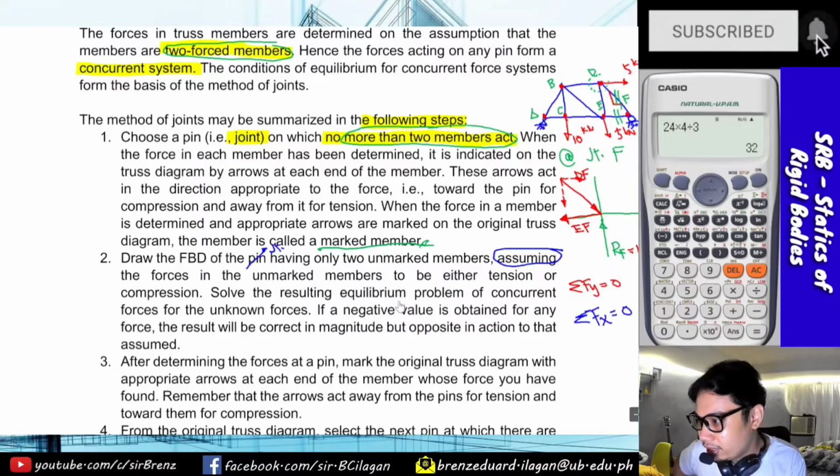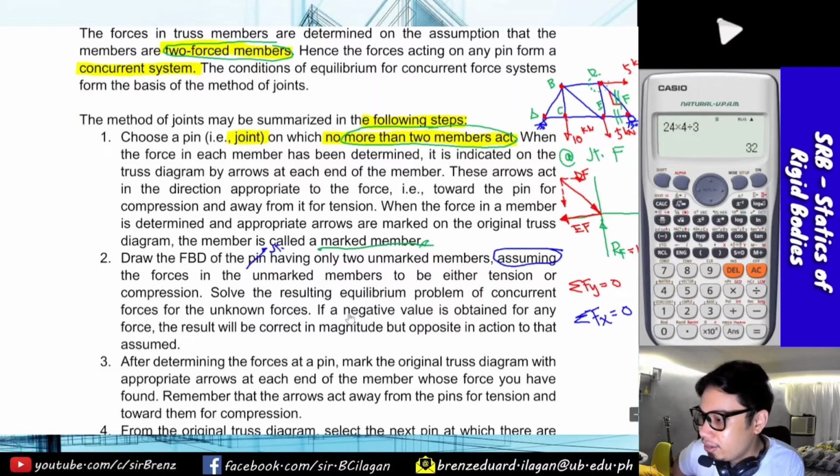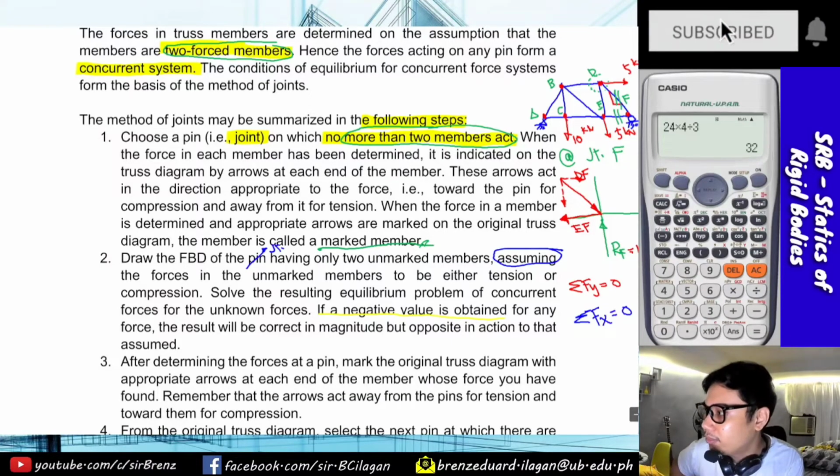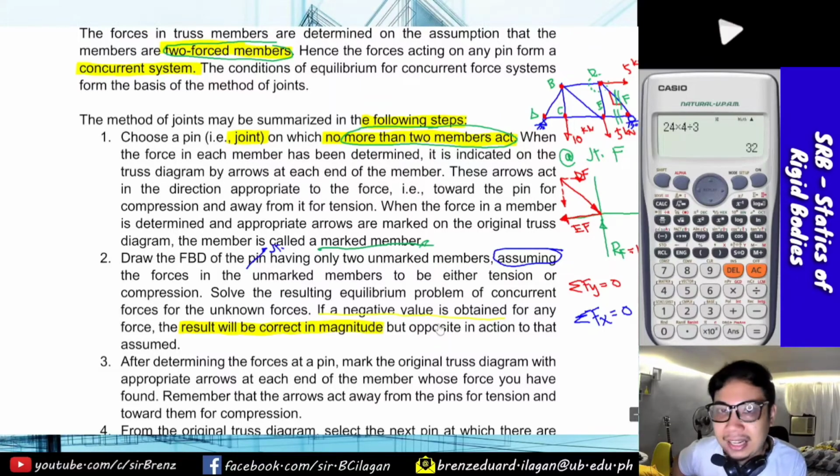Next, solve the resulting equilibrium problem of concurrent forces for the unknown forces. Ayan. So if a negative value is obtained for any force, pag negative yung value na nakuha mo, the result will be correct. Yung result mo is correct pa din in magnitude, but opposite in direction. Baliktad lang yung direction.